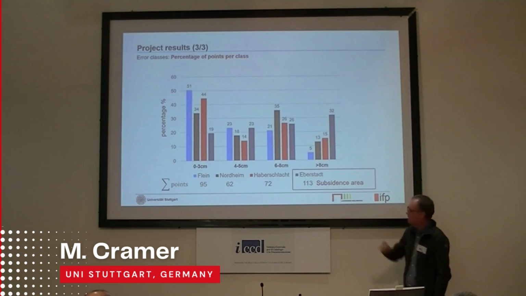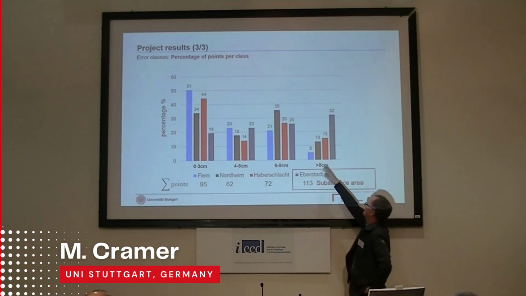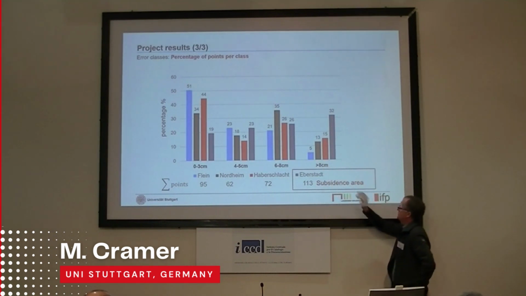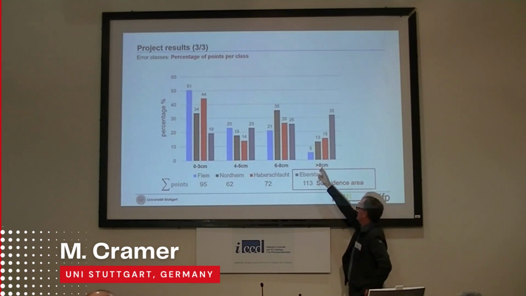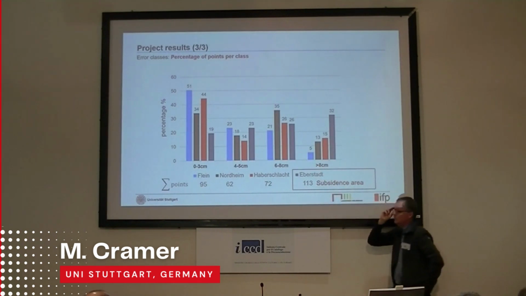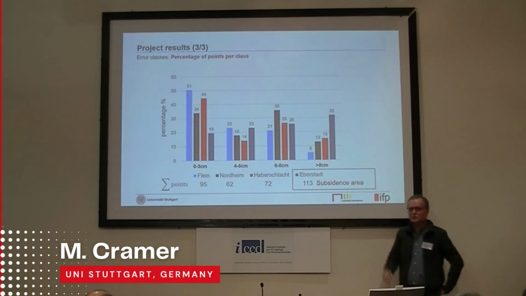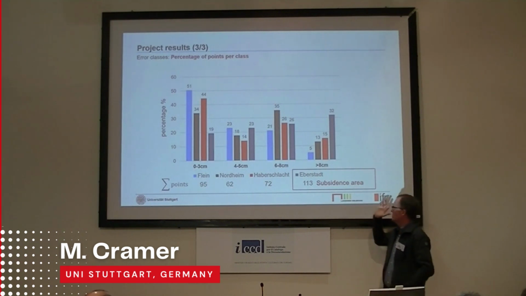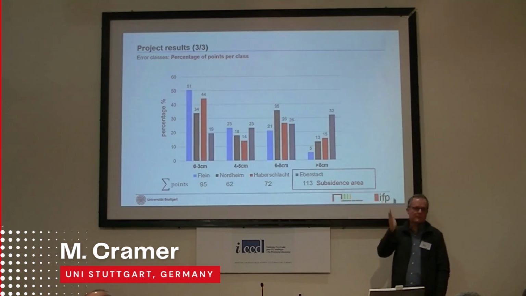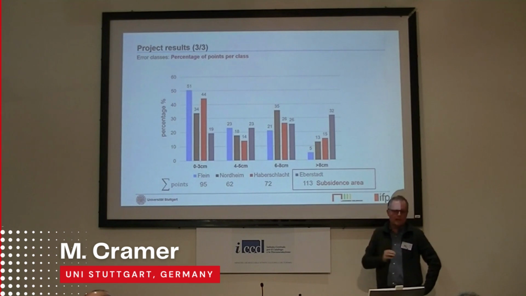But if you look at the others, it's somewhere in the range, sometimes well below 10% or 13 or 15% of the points which are in this category. This means that all the rest fulfills the cadastral requirements.